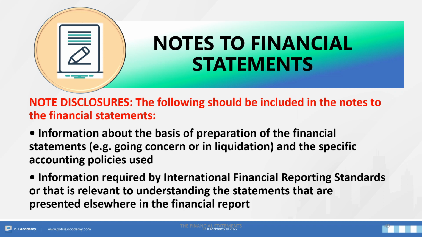What are these disclosures? First, information about the basis of preparation of financial statements and the specific accounting policies used, for example, going concern or in liquidation. Next is the information required by international financial reporting standards or that is relevant to understanding the statements that are presented elsewhere in the financial report.